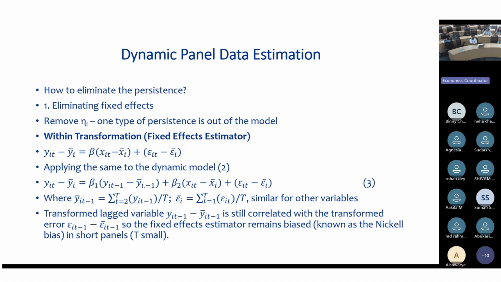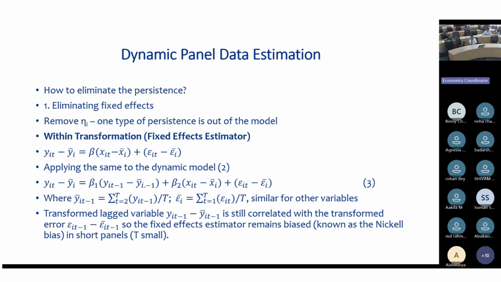So in this equation, we are demeaning. What are we doing? We subtract yit minus yi bar, and then you have this beta 1 yit minus 1.